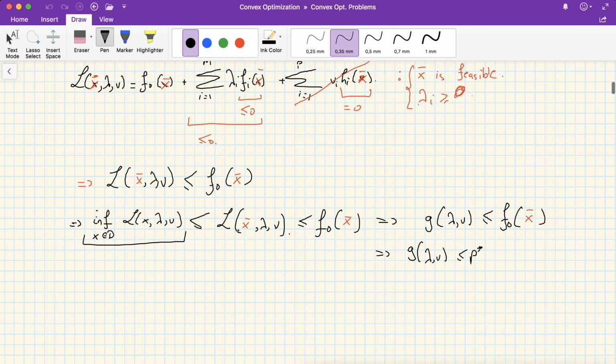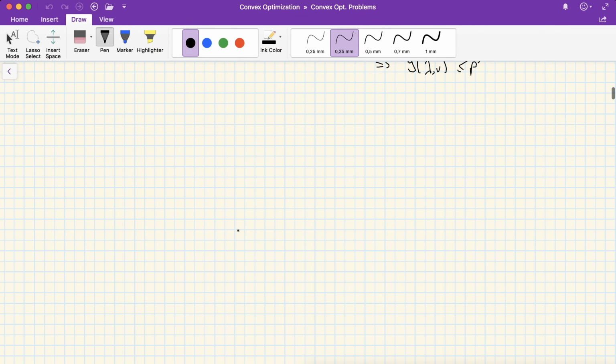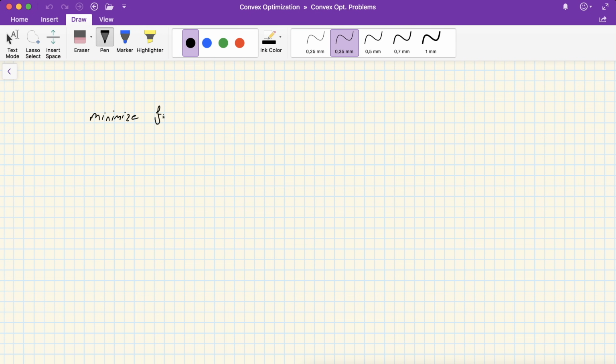So I'll minimize the function f0 of x, which is not necessarily convex, subject to a norm constraint, x squared less than 1, with only one variable x. f0 we're going to consider in the following form: x cubed plus 2x squared minus x plus 1.